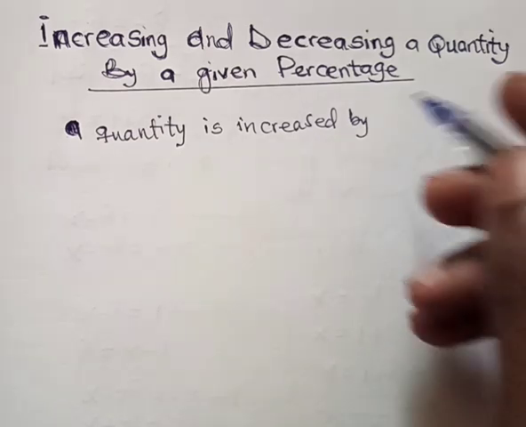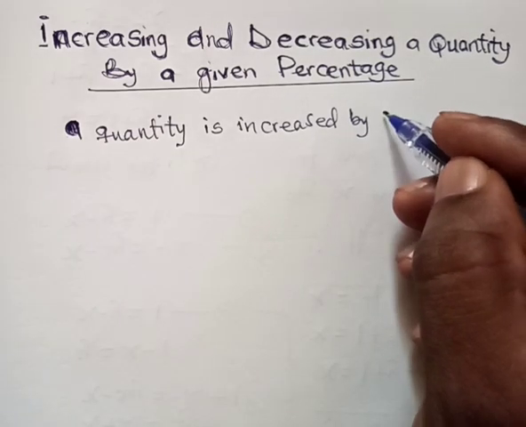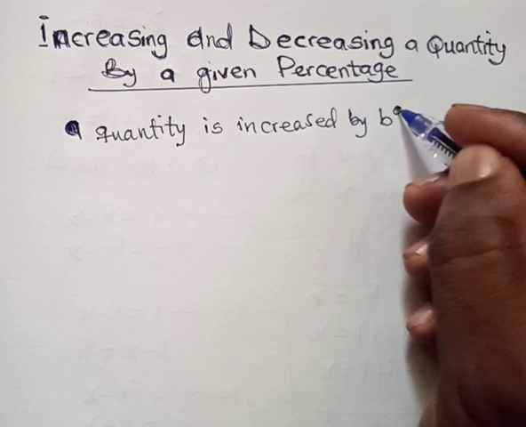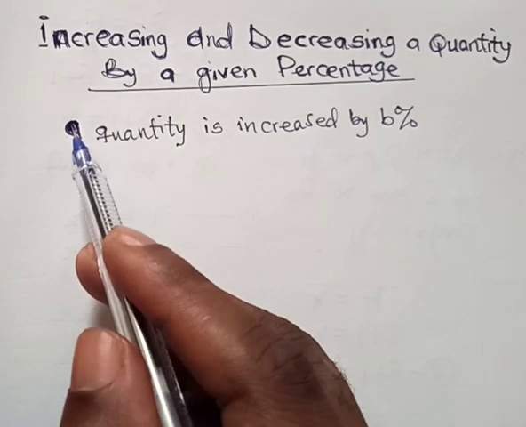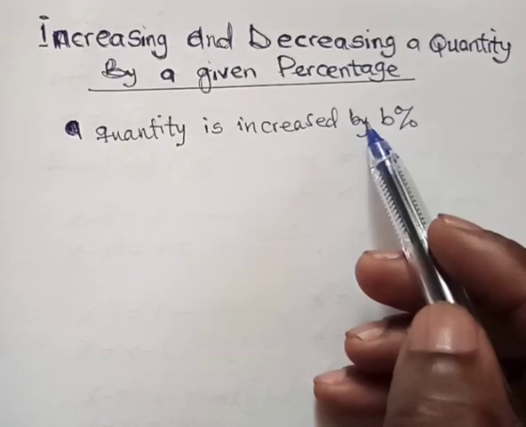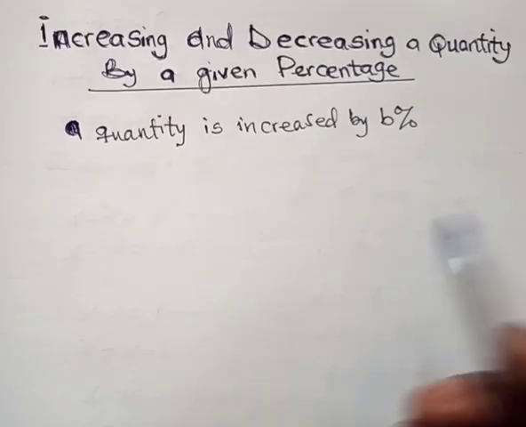So let's say we don't know the percentage, so let's use B percent. We are asked to increase, so A quantity is increased by B percent.